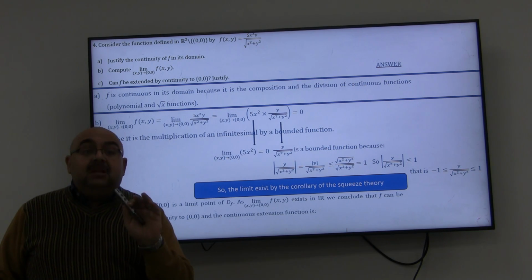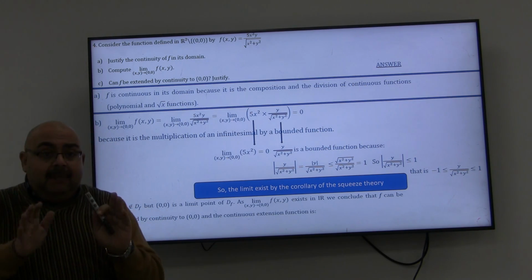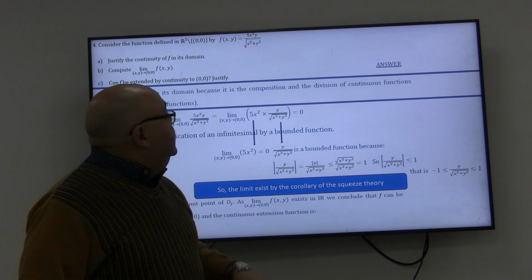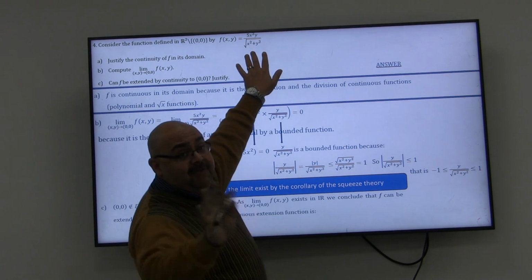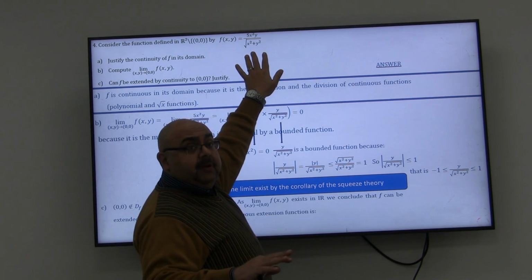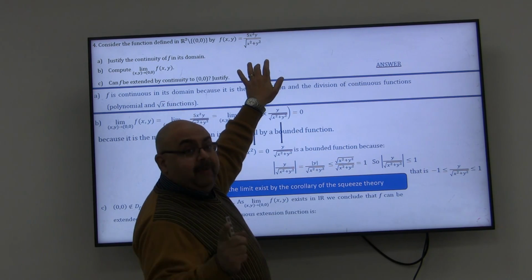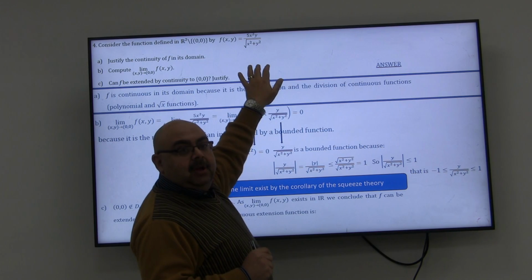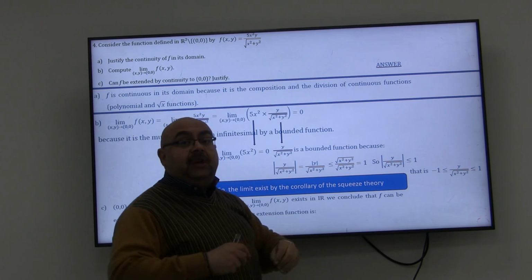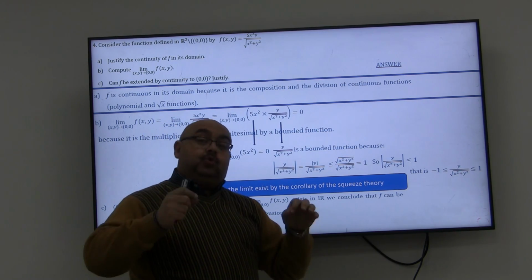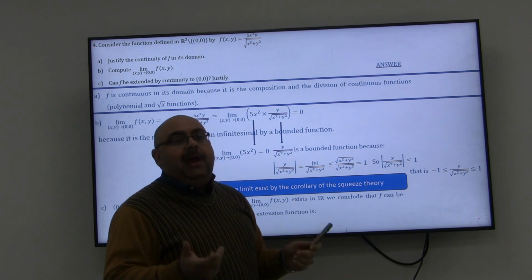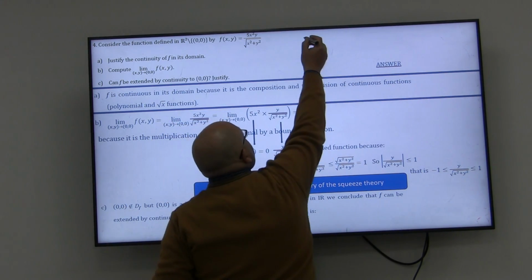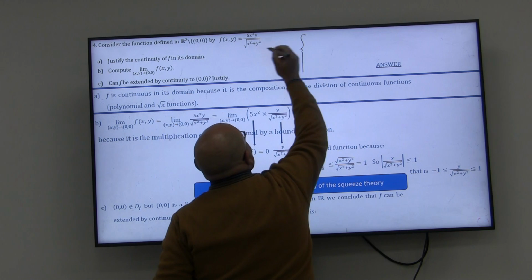Can you extend? So I'm in the situation, Karim, that this function is continuous everywhere according to the domain. But it's not defined at the origin, am I right? But the limit exists at the origin. So in order to get a new function which is continuous at the origin, all I have to do is just redefine this function.